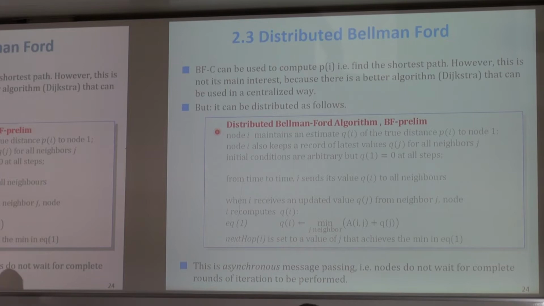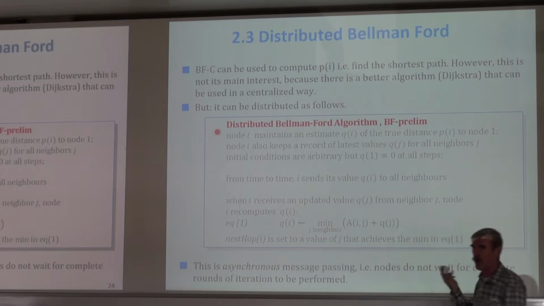Every node maintains an estimate of the true distance, which I call P, Q being the estimate, to some destination, to node 1. It also keeps a record of the latest values received from all neighbors. The initial conditions are arbitrary, but of course node 1 always says it is at distance 0 of itself.